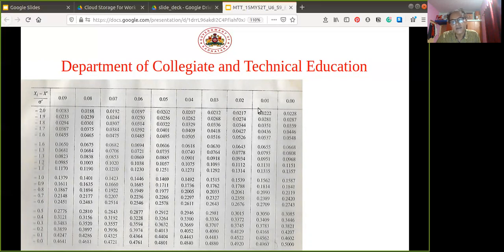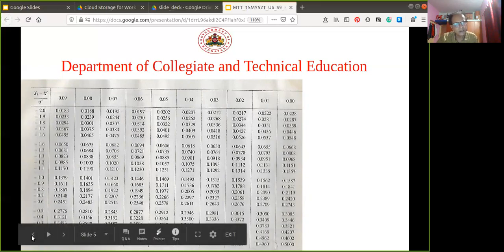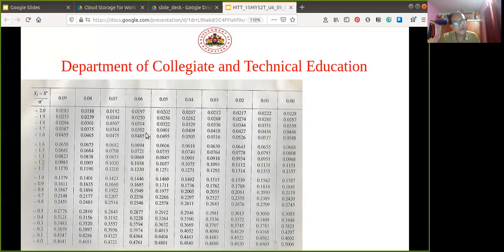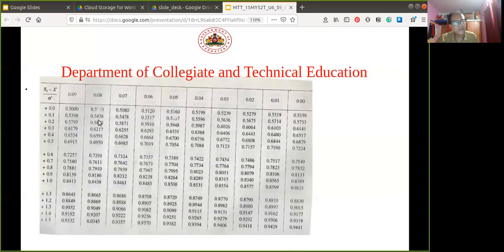This value is 0.0222, which is the area under the curve for minus 2.01. You need to add this 0.01 to the 2, and it becomes 2.01. Like that it will come till 0 here. Then when you go to the next slide, I can show you for the 0.